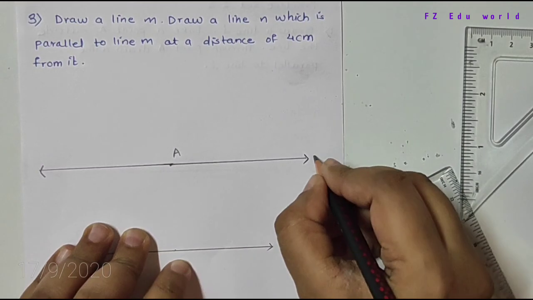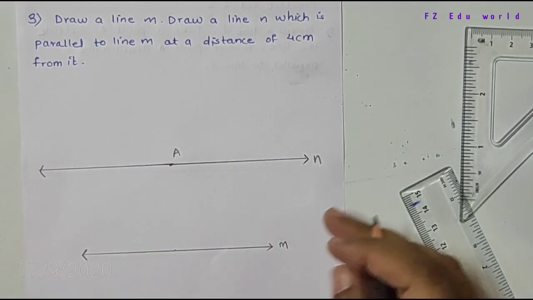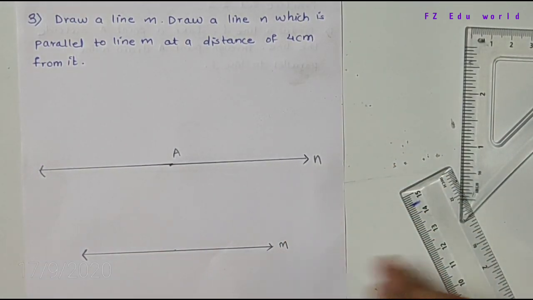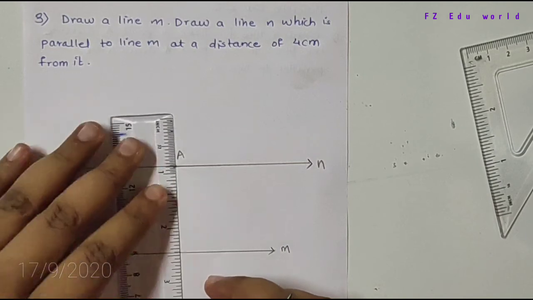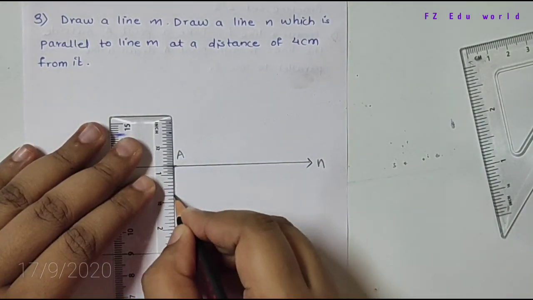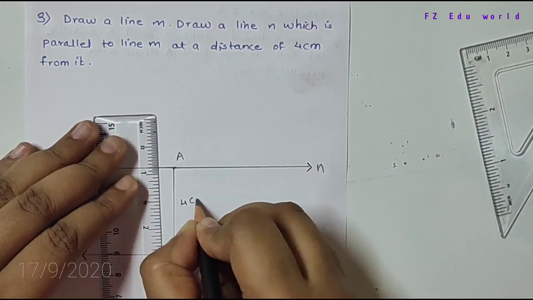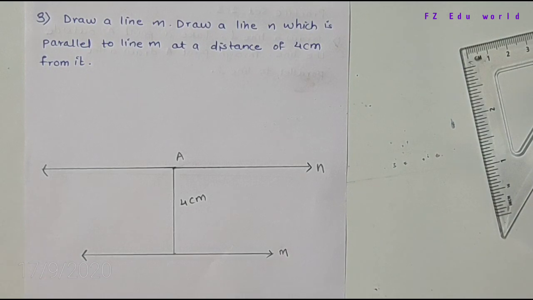This is line N, which is parallel to line M and is at a distance of 4 centimeters. I am giving the name B here.